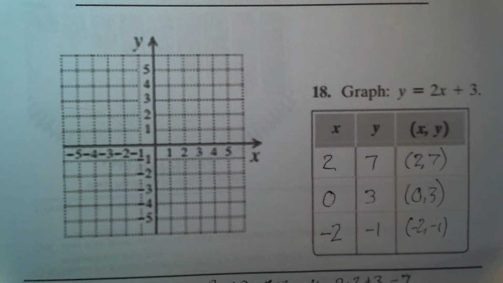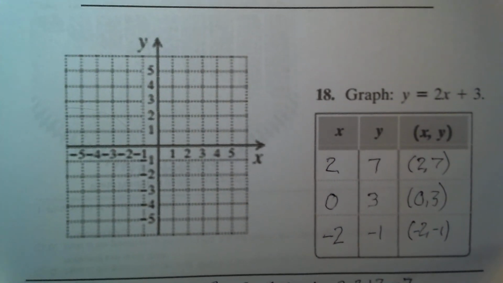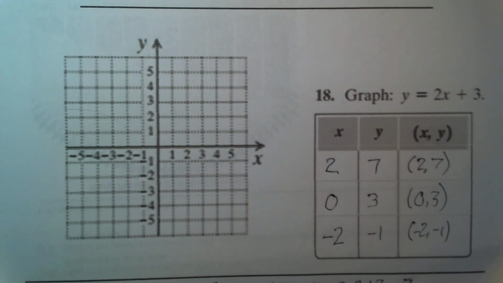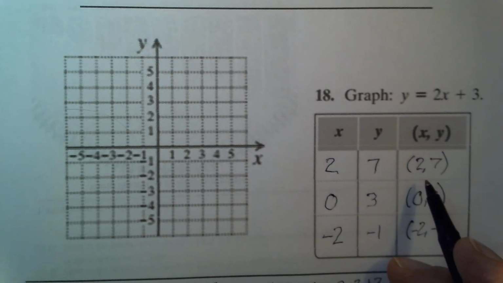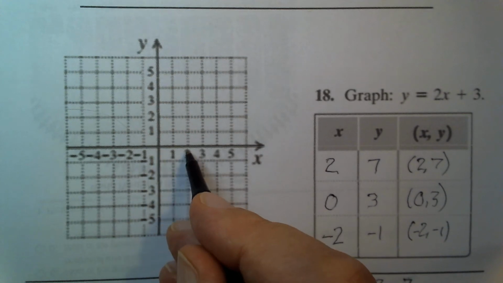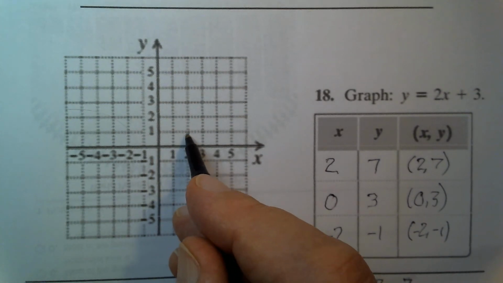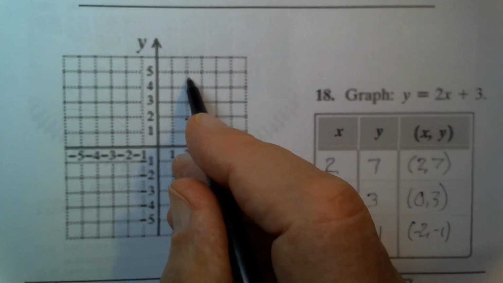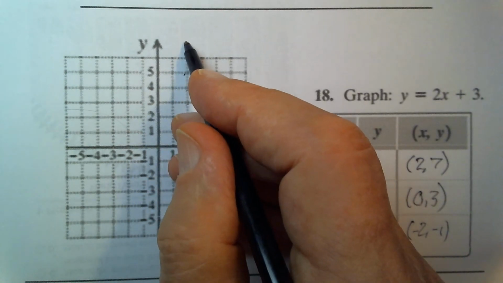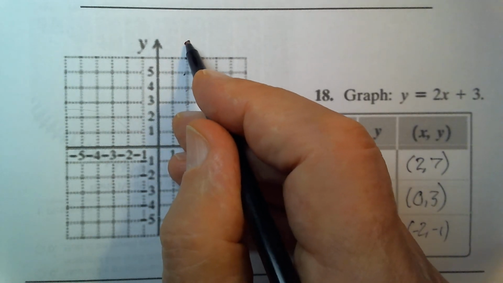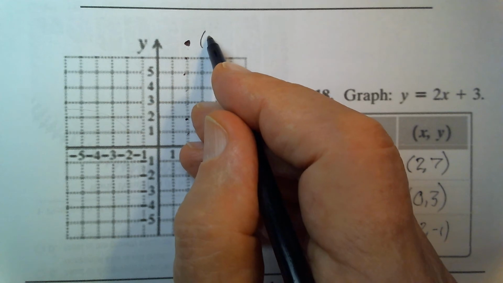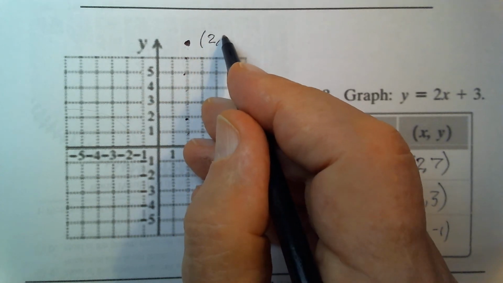Now let's plot these 3 points. 2 comma 7 means we go 1, 2 on the x-axis, and we go up 1, 2, 3, 4, 5, 6. So you have to guess a little bit, but this would be the point 2 comma 7.